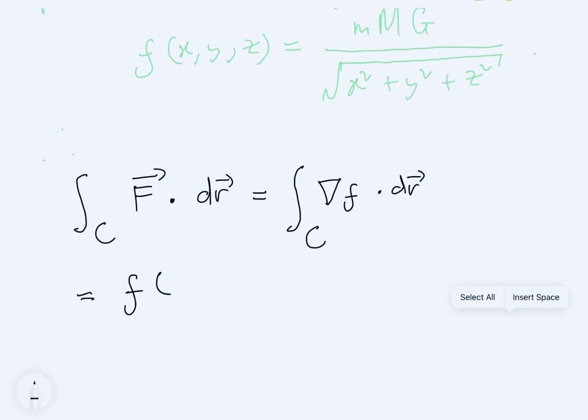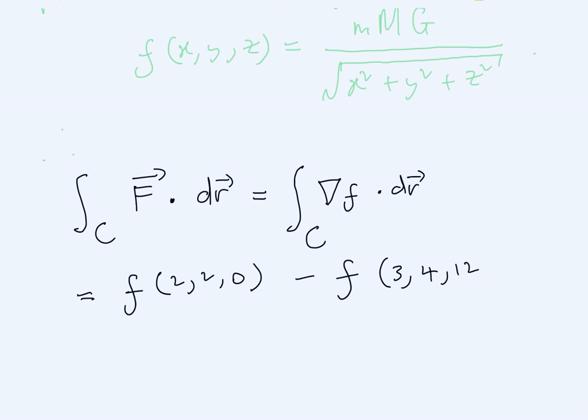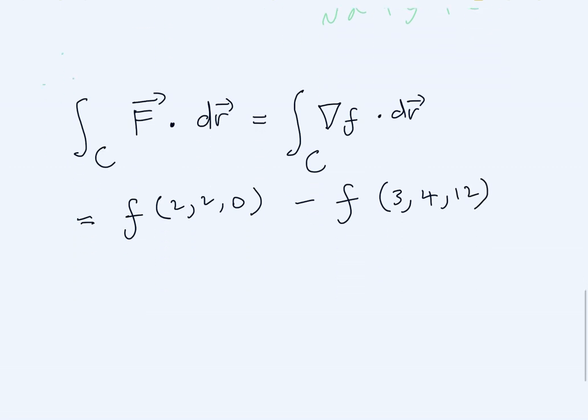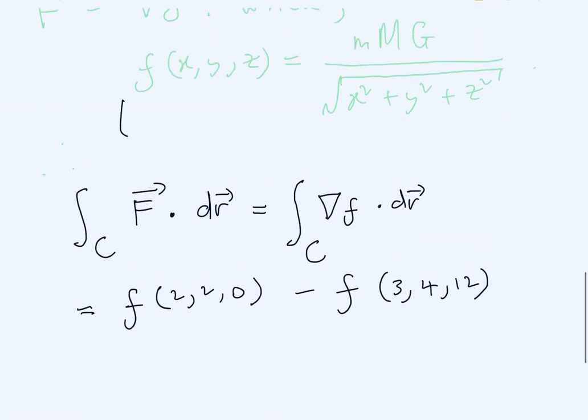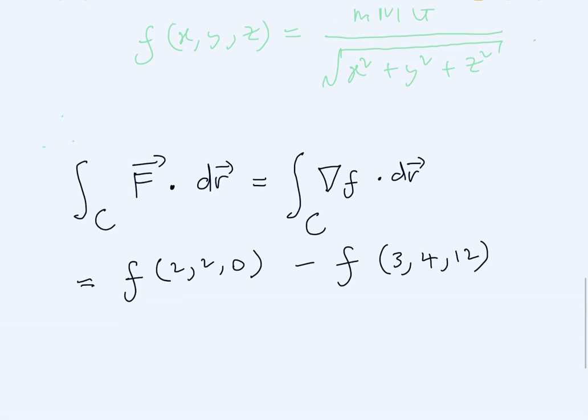So this is equal to f of the second point, which is (2, 2, 0), minus f of the first point, which is (3, 4, 12). We have this function f given over here, so we substitute these values into it.